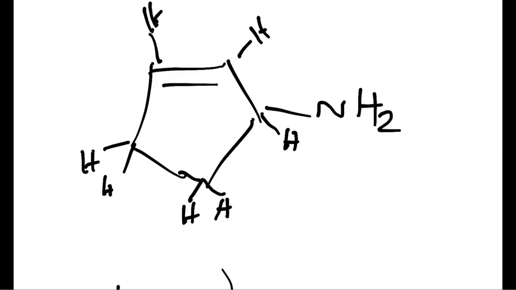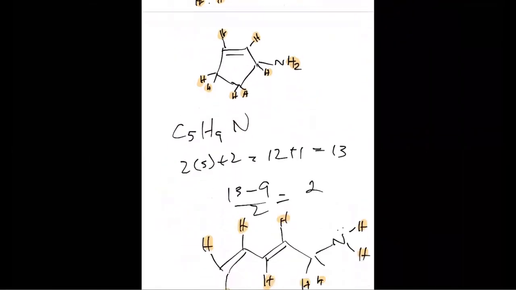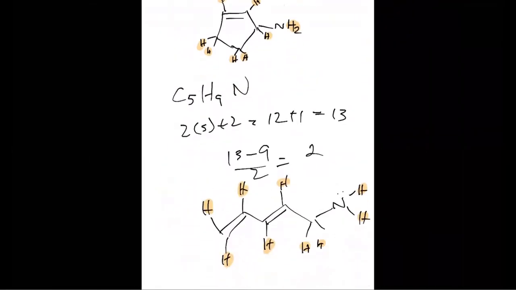Is that 9 total? 1, 2, 3, 4, 5, 6, 7, 8, 9. So both of those structures would suffice. But the easiest way, in my opinion, is to just do a chain, and then from that chain you add in the pi bonds that you need.